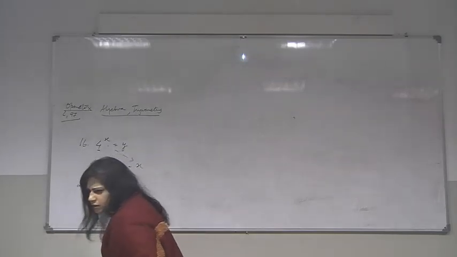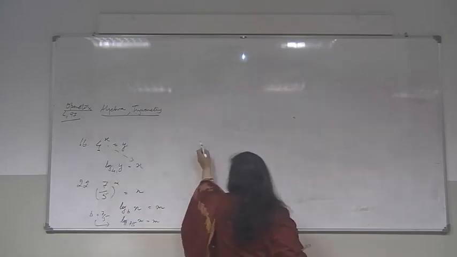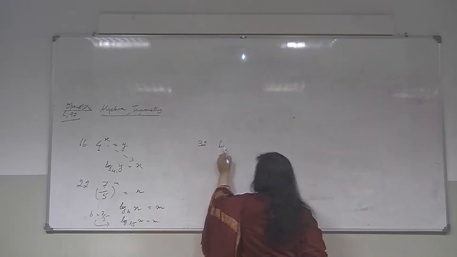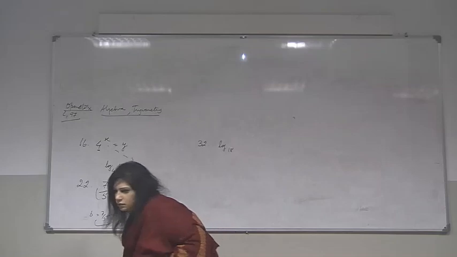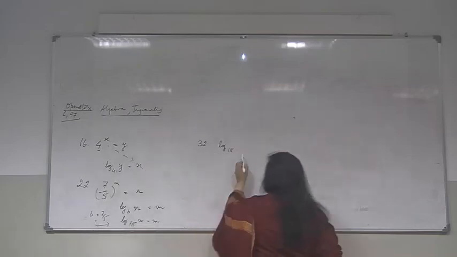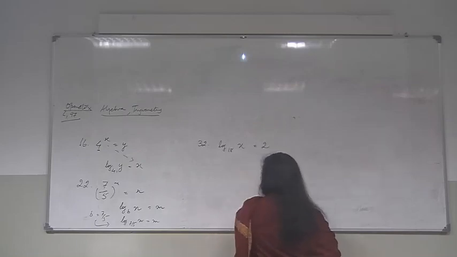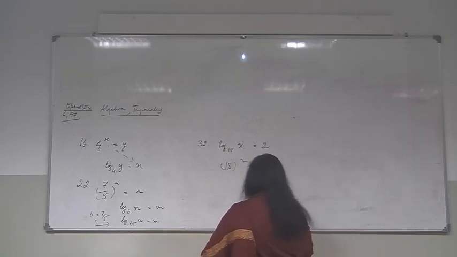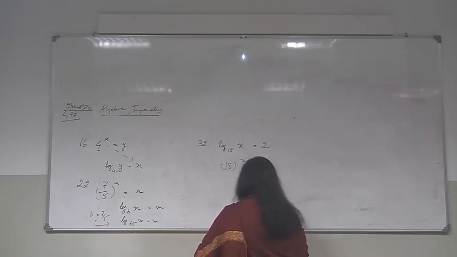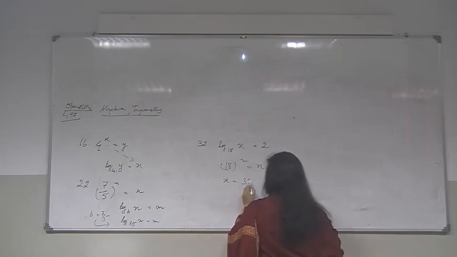Question 32 says log to the base 18 of x is equal to 2. So you can simply write that 18 squared is equal to x. Since they've asked you to solve for x, you multiply and you get 324. So x in this case is 324.